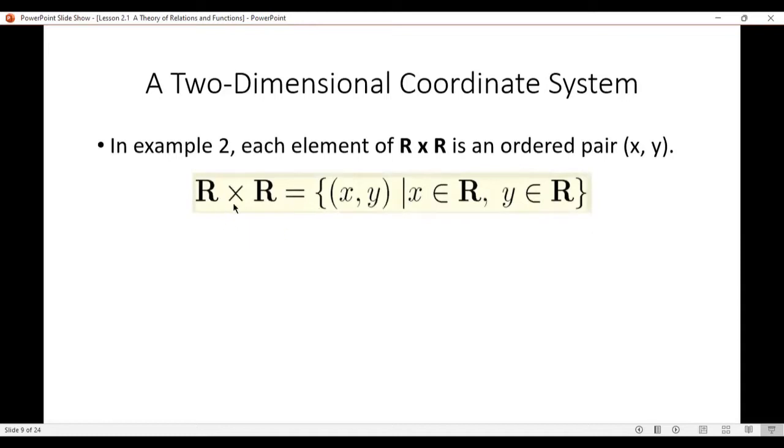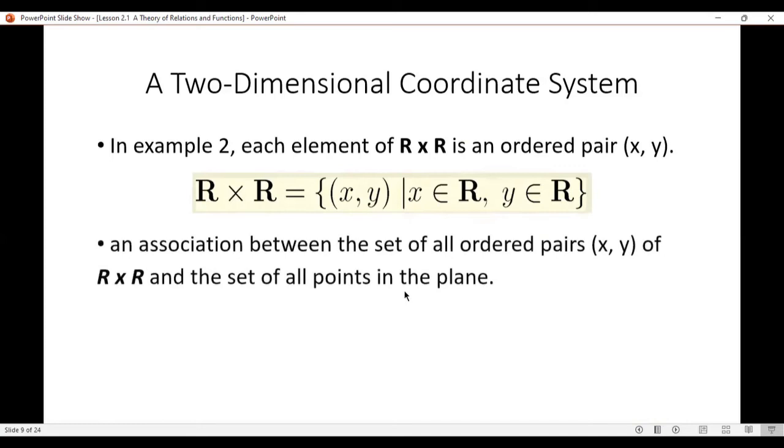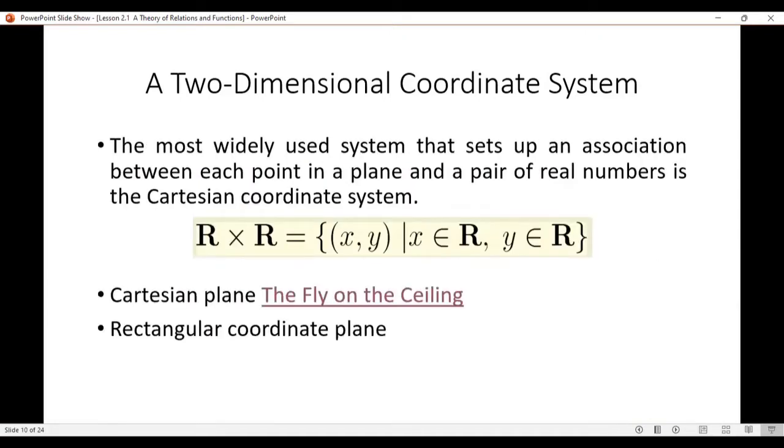Hence, R cross R, where R is the set of real numbers, is the set of all (x, y) such that x is an element of R and y is also an element of R. This is an association between the set of all ordered pairs (x, y) of R cross R and the set of all points in the plane.